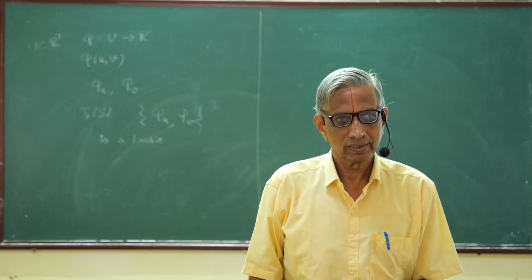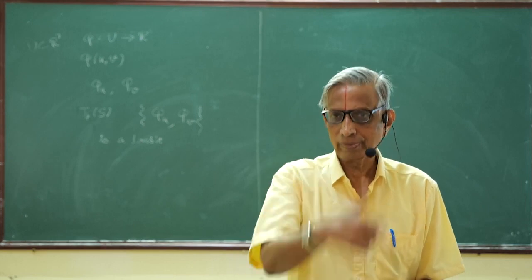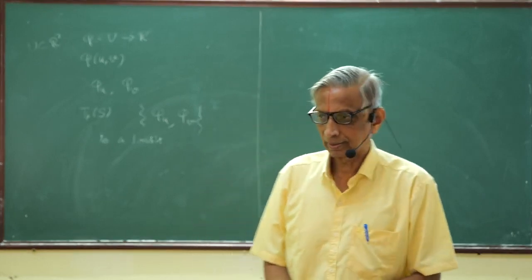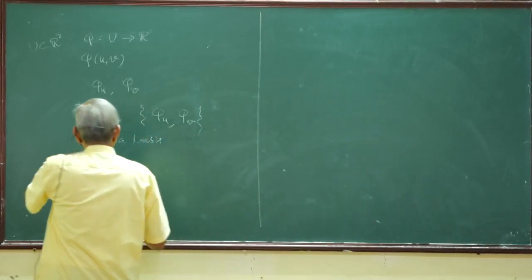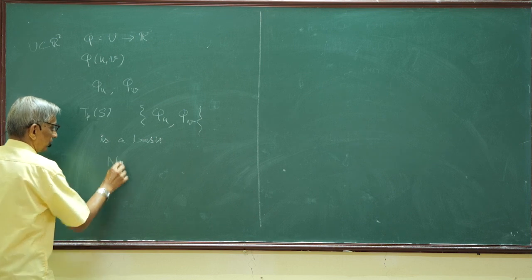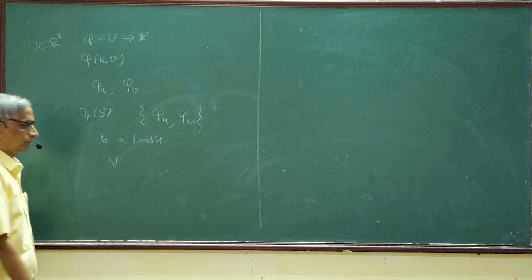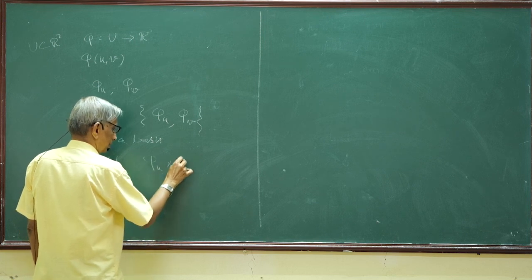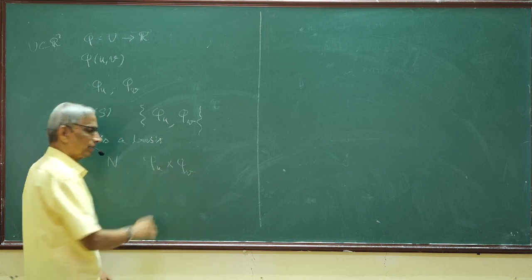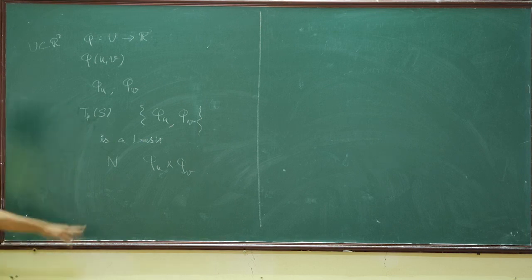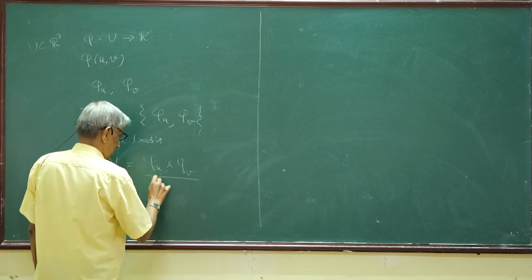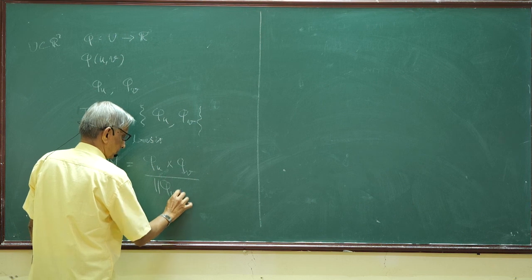So how do you get something which is perpendicular to the plane? You just take the cross product, right? So the normal at any point is therefore given by this usual cross product of vectors, but you want a normalized normal, so just divide by the norm of this.